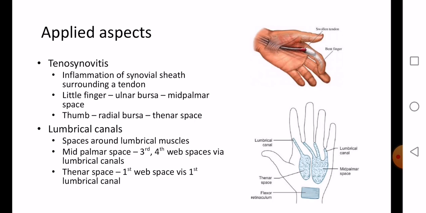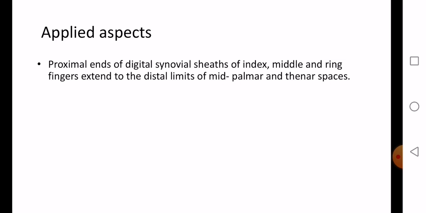Hence, the first web space is incised to open the first lumbrical canal to let out the pus. Proximal ends of the digital synovial sheaths of the index, middle and ring fingers extend to the distal limits of the mid-palmar and the thenar spaces.